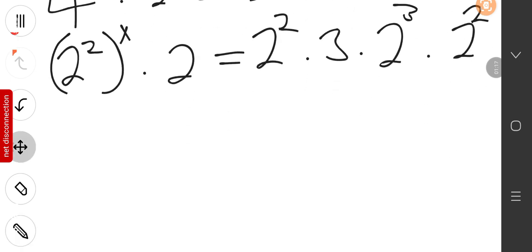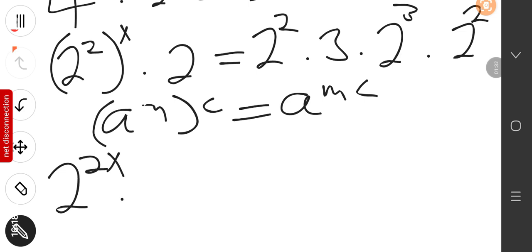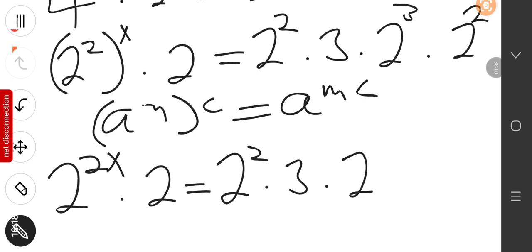All right, now let's apply the power of a power rule here. So if you have a exponent m multiplying the exponent c, this gives us a exponent mc. So our equation becomes 2 exponent 2x times 2 equals 2 exponent 2 times 3 times 2 exponent 3 times 2 exponent 2.